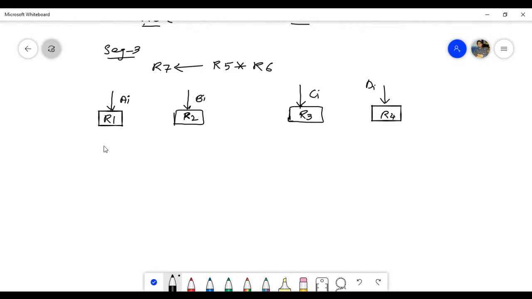The next step is that R1 and R2 should perform the addition operation.